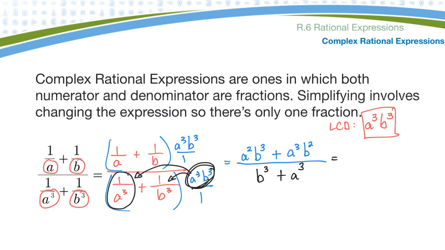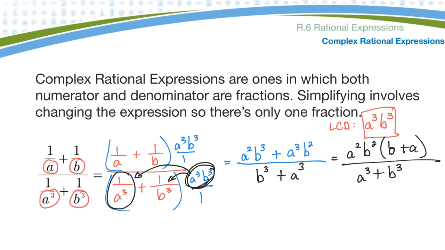Now, on the top, I can probably factor something out. I think I can factor an a squared b squared out, leaving me with a b plus an a. Okay, all over, I'm just going to change the order there, a cubed plus b cubed.